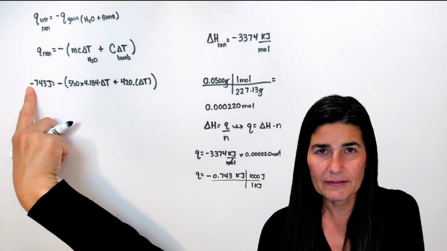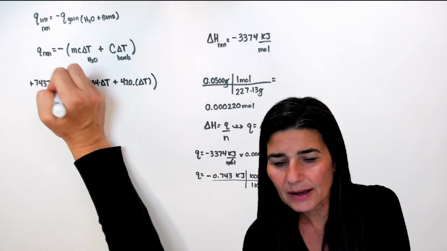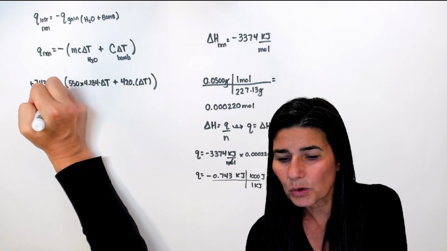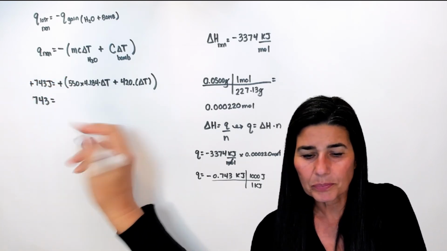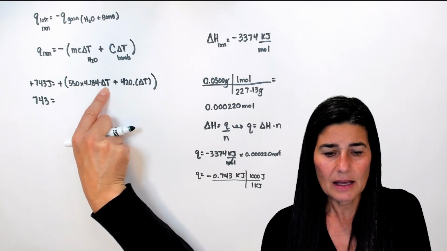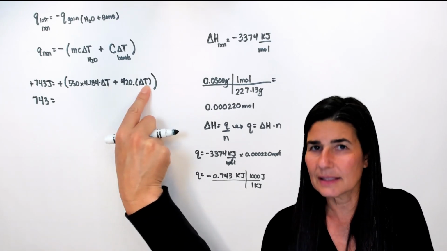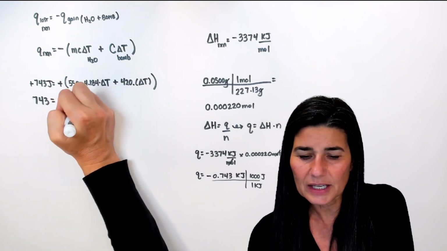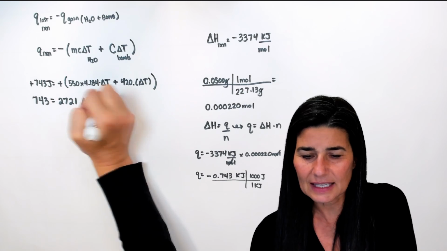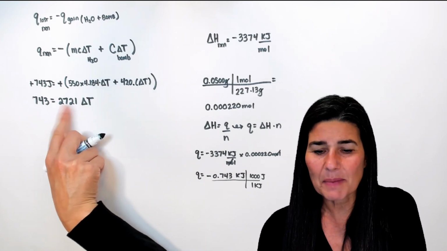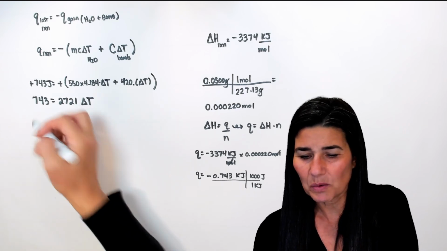Okay, now let's do a little evaluation. Negative and negative, they're going to cancel out in this case. So we'll have 743 equals 550 times 4.184 delta T plus 420 delta T, which turns out to be 2,721 delta T. All right, now we can solve for delta T by dividing both sides by 2,721.